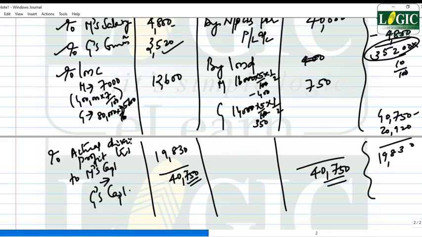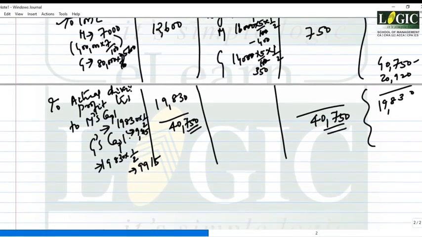The question stated they share profits and losses equally. So 19,830 into 1 by 2 comes to around 9,915 for the first partner and the same for the second. Okay, 9,915. This is how you do the profit or loss appropriation account.